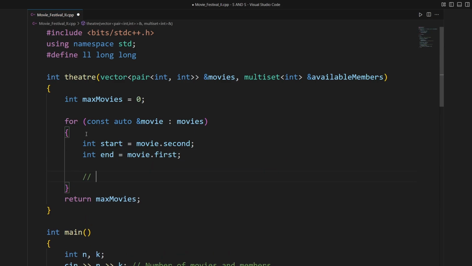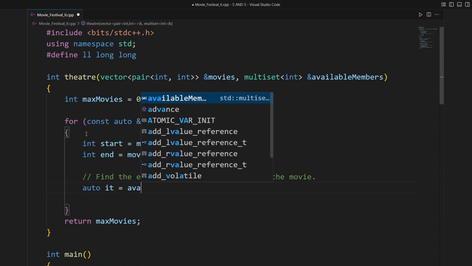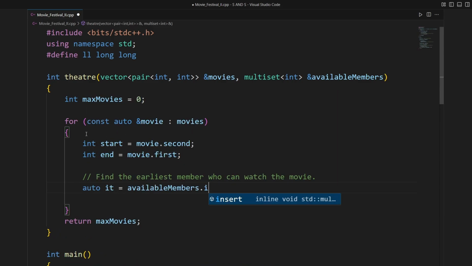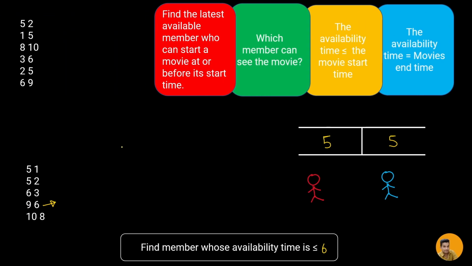Now we are again going to find the earliest member who can watch the movie. So you can do auto iterator, available members dot upper bound, and run the upper bound over here. What we are saying is: run an upper bound and find the earliest member.